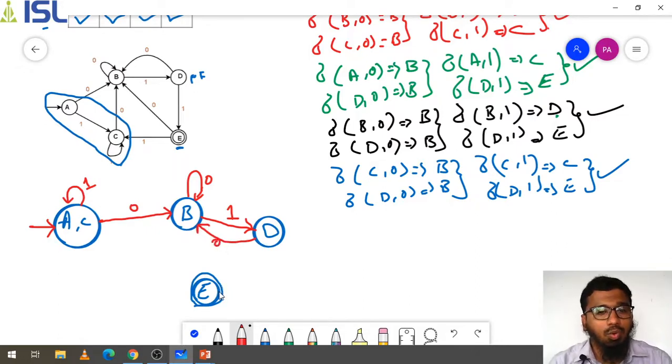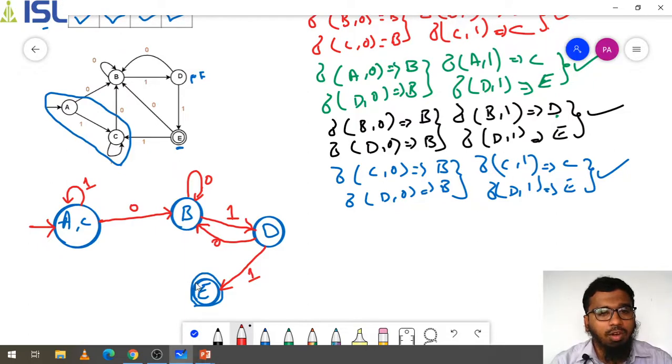D on 0 is going to B. Next, D on 1 is going to the final state, that is D on 1.